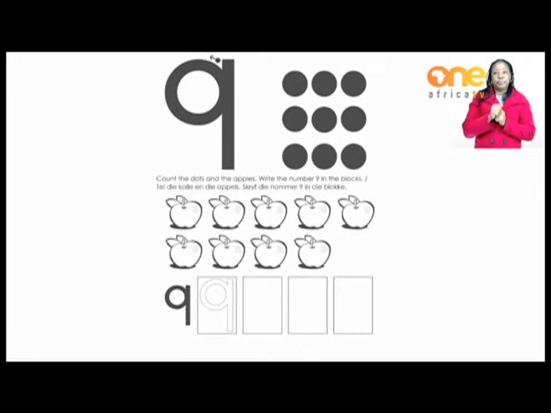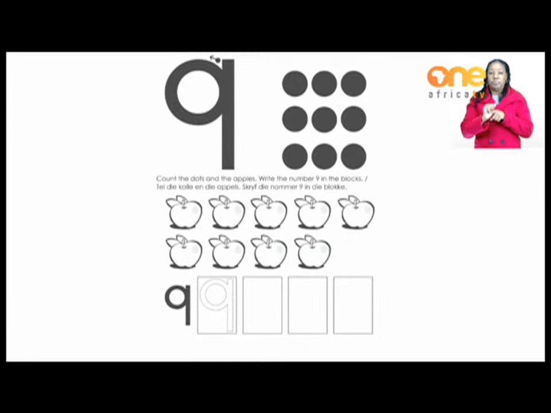So we go from where the arrow and the dot is pointing. Put your finger on the dot. Let's go round, following the arrow's direction to the left, all the way down, around the loop, and up, and then down, down we go. That's how we form number 9.